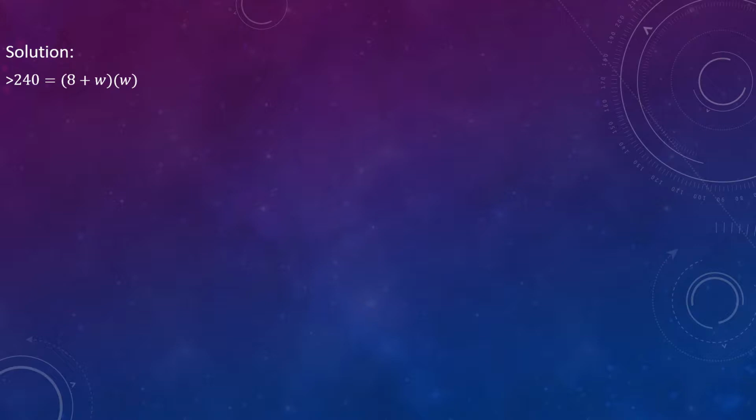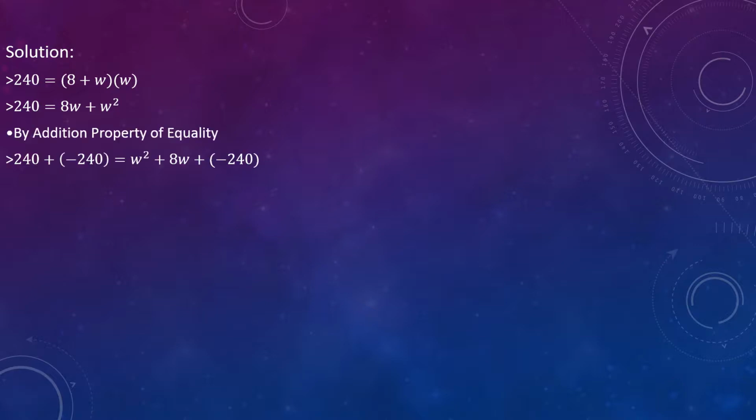Let us simplify this equation. Now we have 240 is equal to 8W plus W squared. By addition property of equality, we have 240 plus negative 240 is equal to W squared plus 8W plus negative 240.